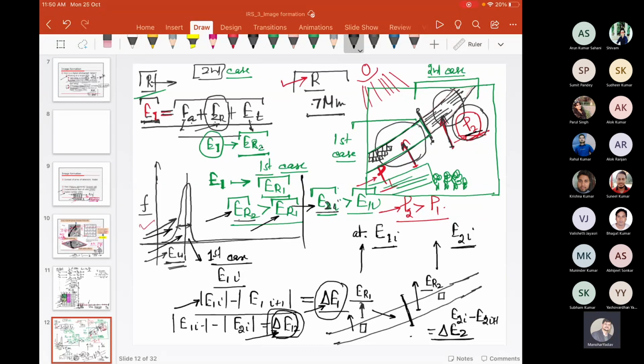So again, delta E2 is very less because we consider in a turbid water zone, the characteristic of water doesn't change significantly. Maybe the turbidity level slight change due to which we have a different energy component, like E2i is different than E2i plus 1, and we have a difference delta E2, but again this is very less.